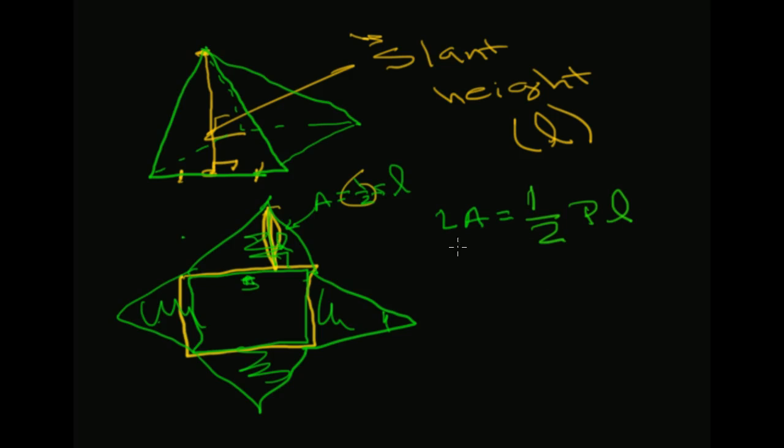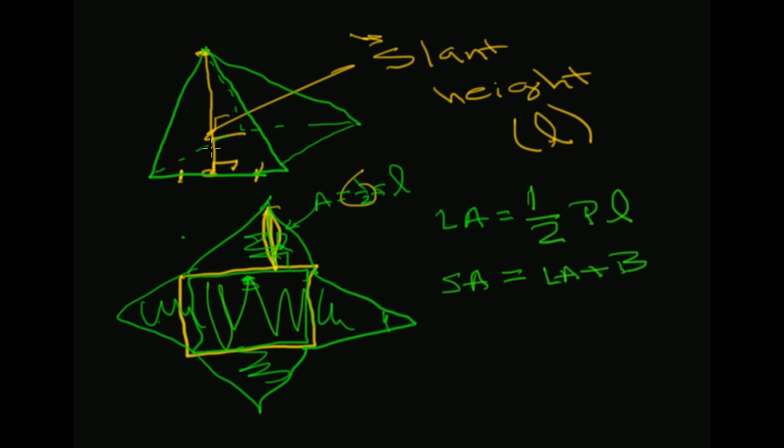The only thing I have to add to get the surface area is the area of the base itself. So the surface area, or the total area, is going to be the lateral area plus the base. And it's only one base, right? When we did prisms, we had two bases, but here we only have one.